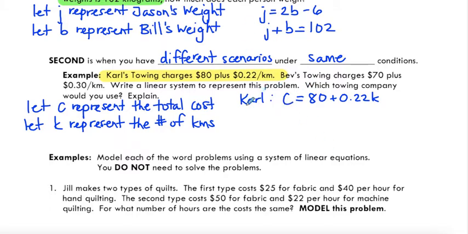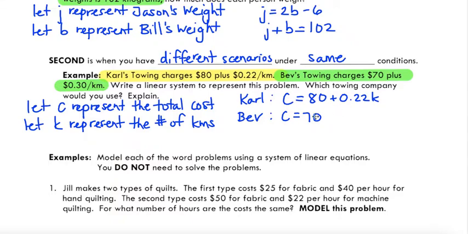Now I want to see how much it's going to cost if I use Bev's towing company. So what will that cost be? Well, let's take a look at the information for Bev. Bev's charges $70 plus 30 cents per kilometer. So let's use that information to come up with the equation. The total cost is $70.